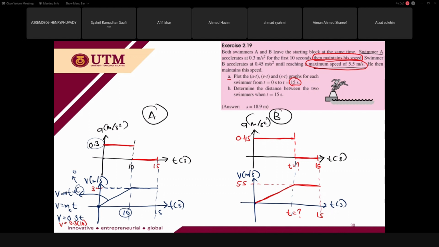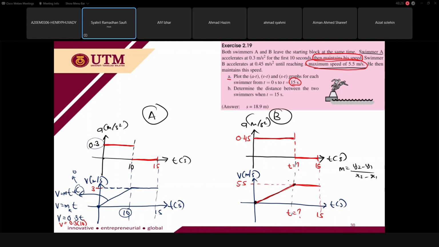So you know that the gradient of the v-t graph is actually the acceleration. If you learned from secondary school, gradient is equal to y2 minus y1 over x2 minus x1.